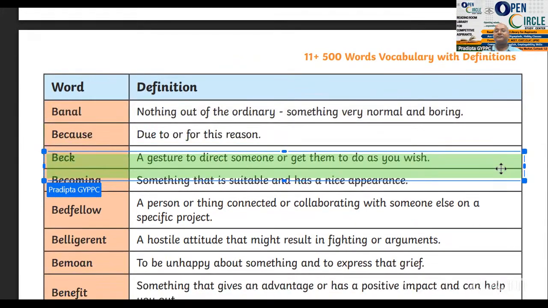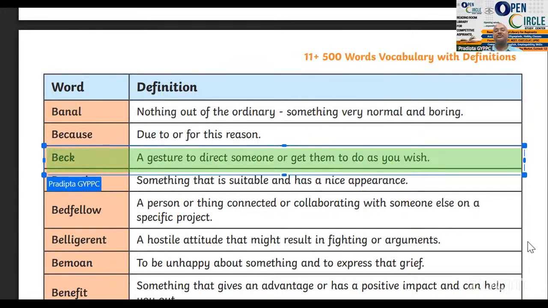The next word is beck. Beck is a gesture to direct someone to get them to do as you wish. Force them? No, it's a gesture. This is beck. Giving a hand signal. It's a hand signal which directs anybody. Yeah, this is becking, all right?